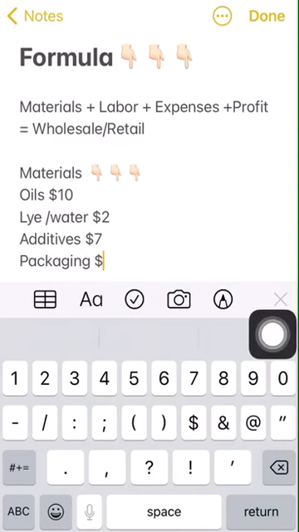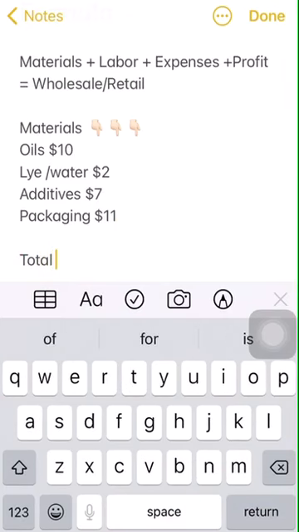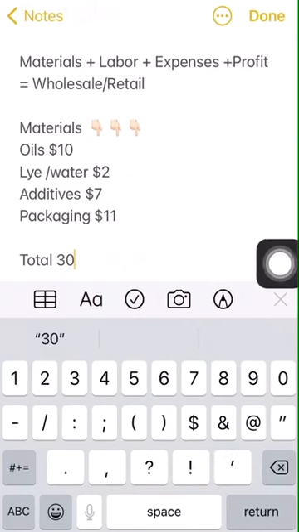Let's just say that one would be $11. Alright, so the total for this will be 10 plus 2 will be 12, plus 7, that will be 19, plus 11, that will be 30. So the total will be $30.